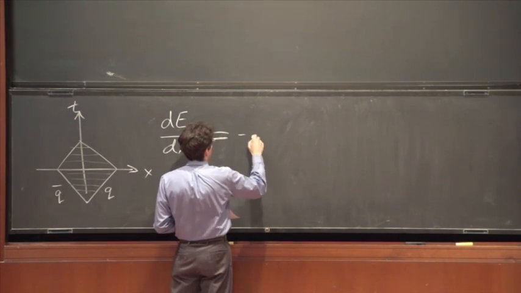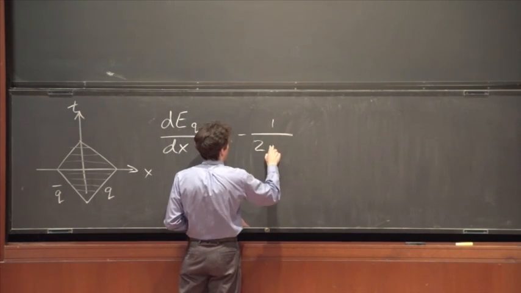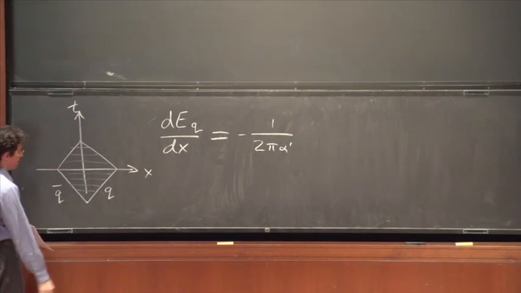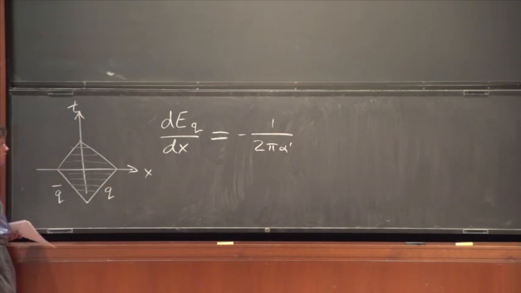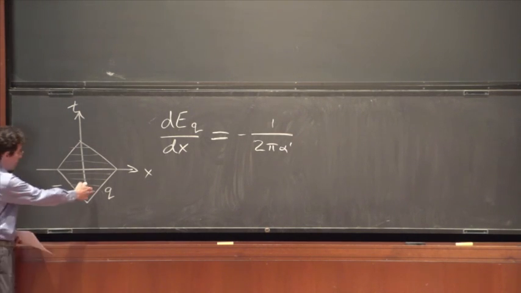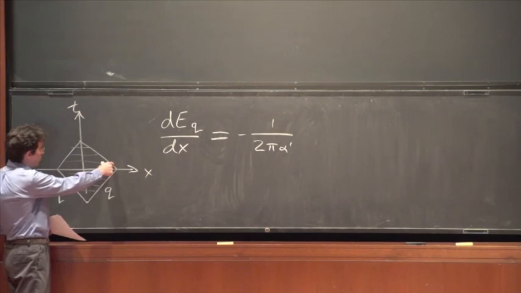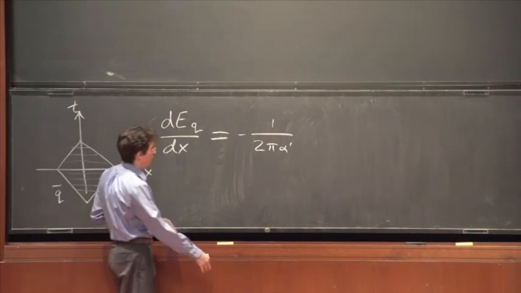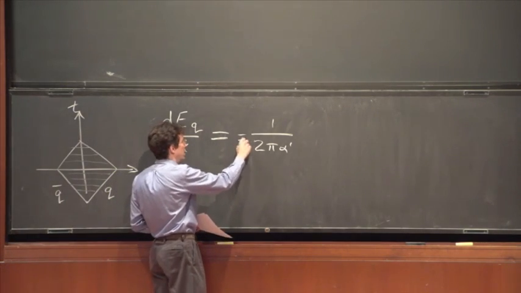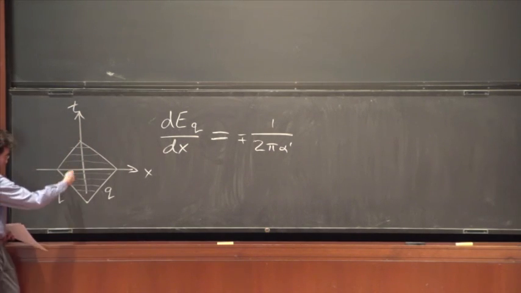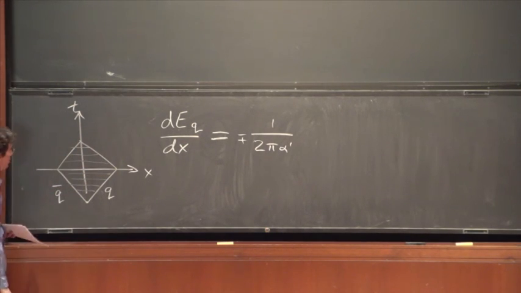It would be minus the string tension, because as this quark is going out, well, it surrenders energy to the QCD string. But it can get it back when the quark comes back in, so this is not really just an energy loss formula, it's kind of an energy loss or gain formula for the quark. The total energy of the meson, of course, is preserved.